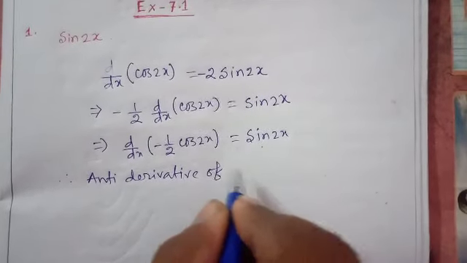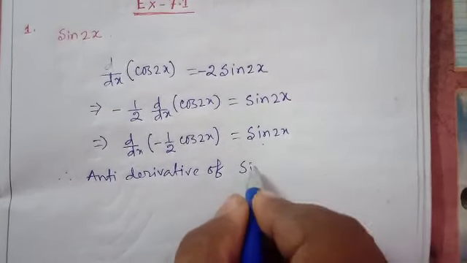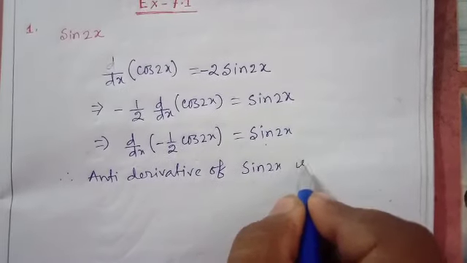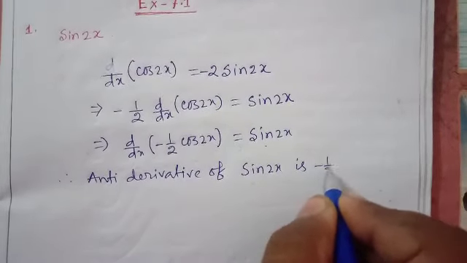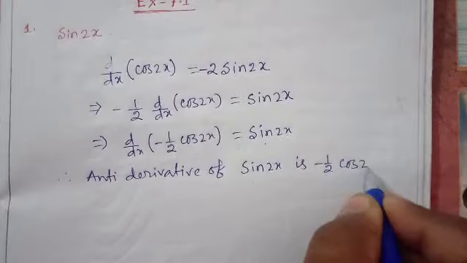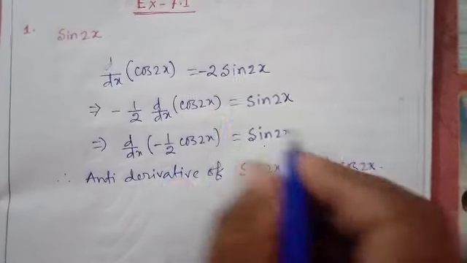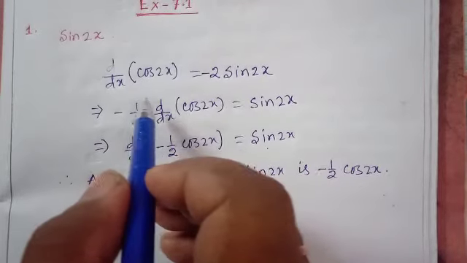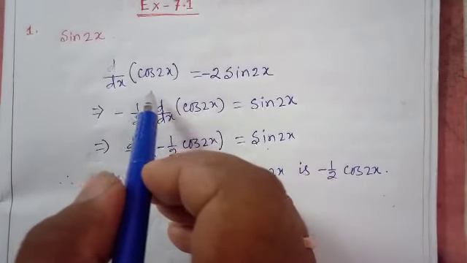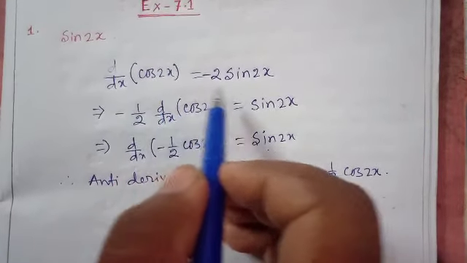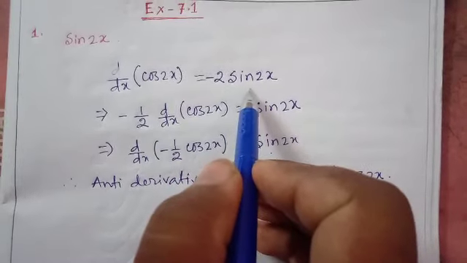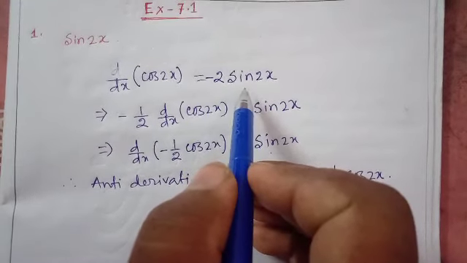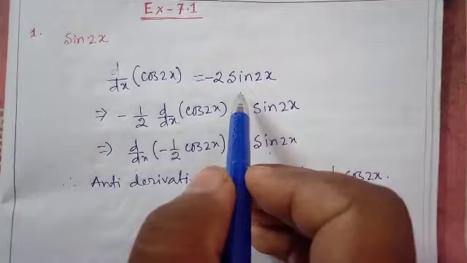So this is the method of inspection. How do you solve it? You have to know whose derivative is sin 2x. Similarly, you can solve the next sum.